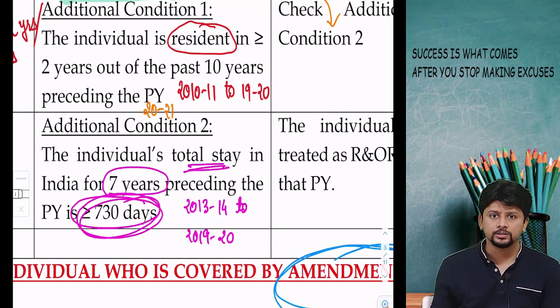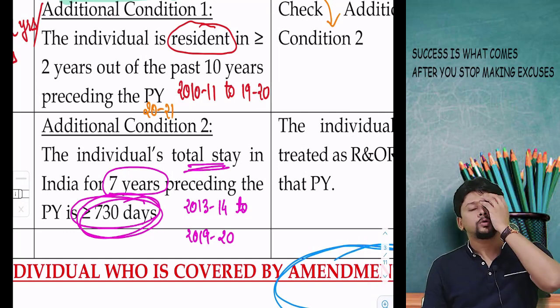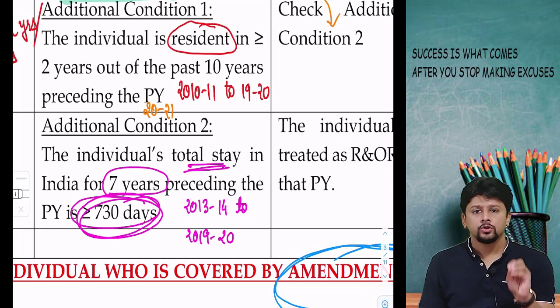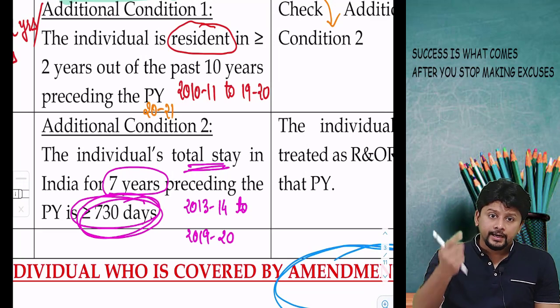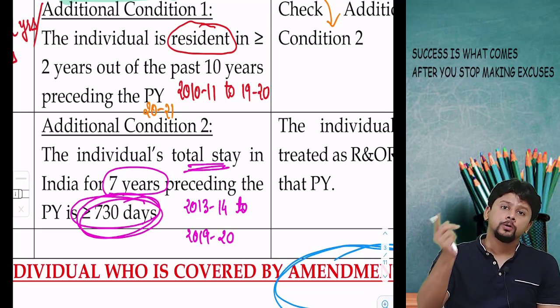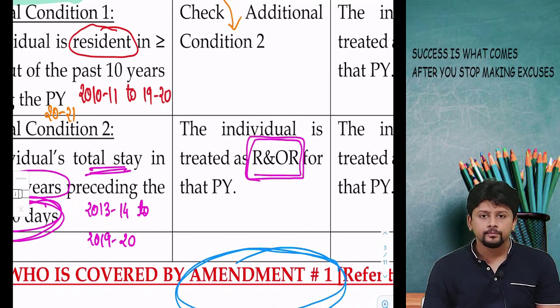Could be continuous 730 days, could be in bits and pieces, does not matter. But the total for those 7 years should be minimum 730 days. If additional condition number 2 is also satisfied, then the individual is resident and ordinarily resident.